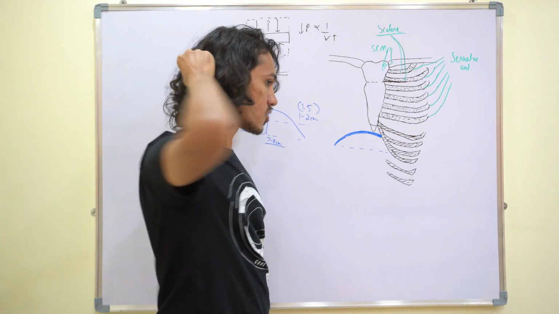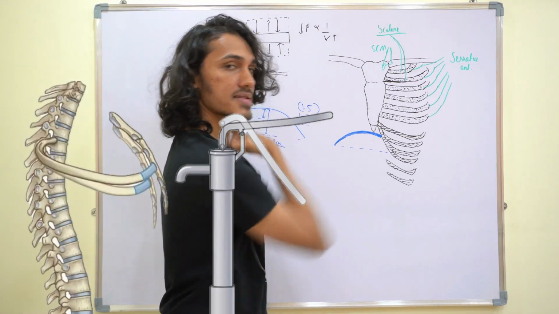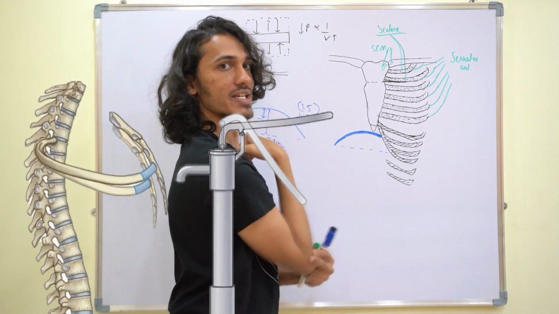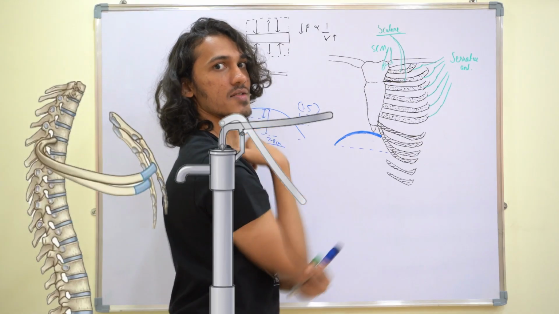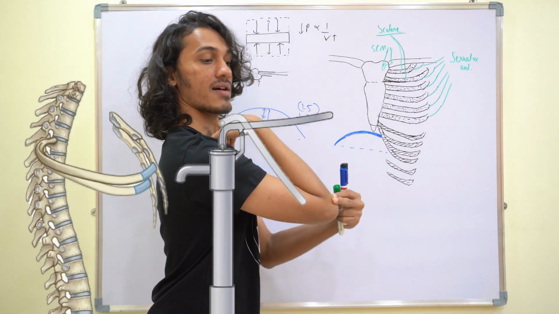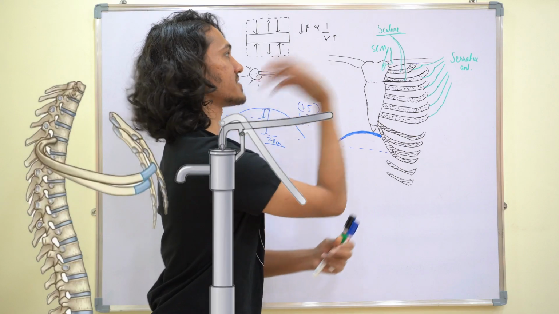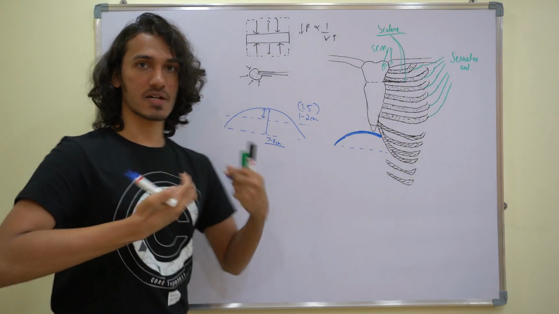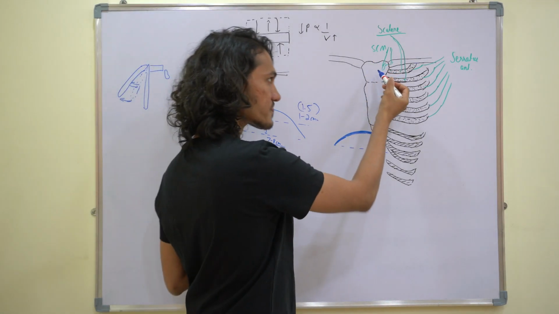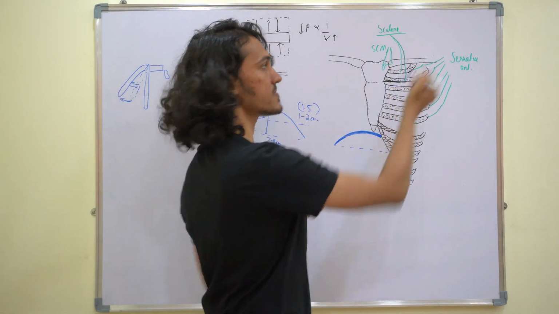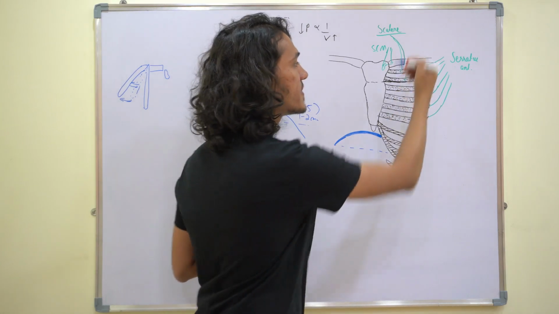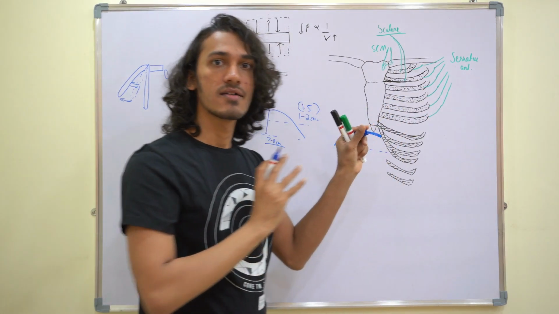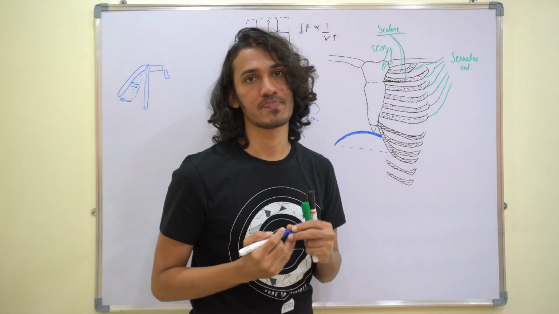Just imagine there's a hose coming out like that, and this is the handle, and someone's pushing it like this to get water. So this is your pump handle. You inspire, it lifts up like that. That is the pump handle movement. So that is for the upper part of the rib cage. We got the sternum, we got the first 2 ribs, we got the serratus anterior. These are the pump handle movement.